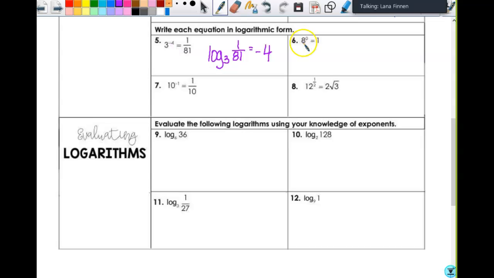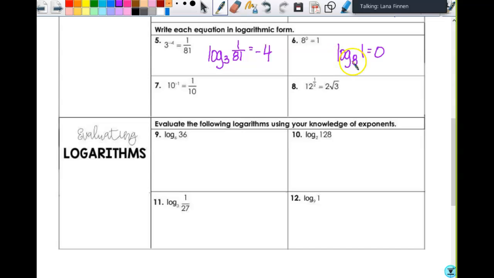Okay, so 8 to the 0 power equals 1. We agree with that, hopefully. So we're going to do log, the base is 8, log base 8 of 1 equals 0. So now knowing that, what we started with, what we ended with, what do you think log base 5 of 1 would give me? 0, right?